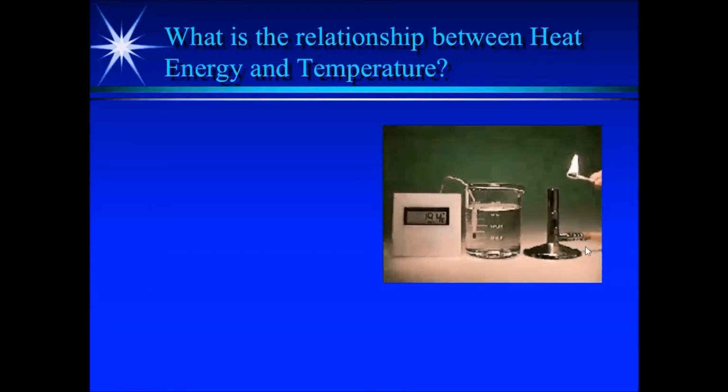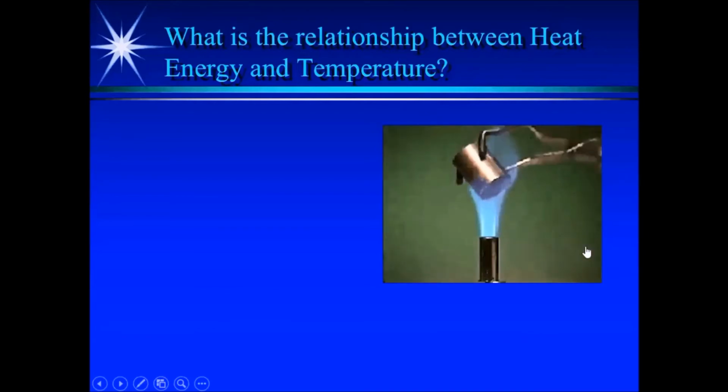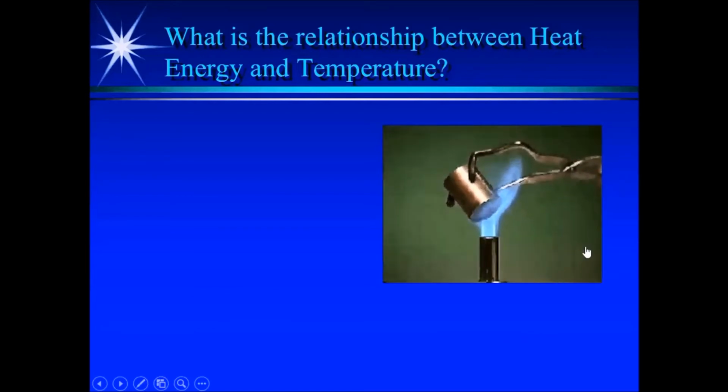Heat, or thermal energy, is associated with the motions of atoms and molecules in a substance. So, what are we giving this block of metal? We're giving it heat. So now this block of metal has heat in it.